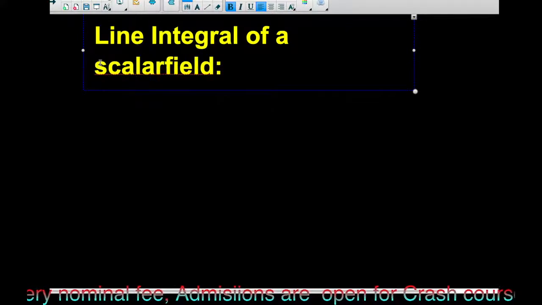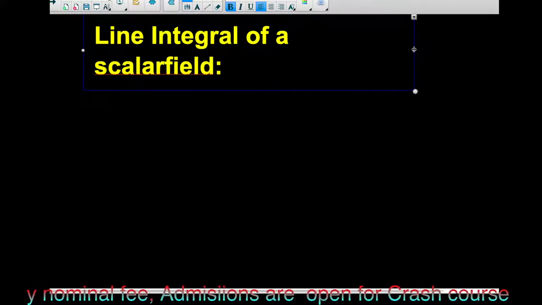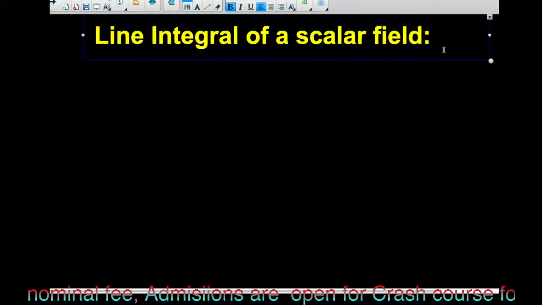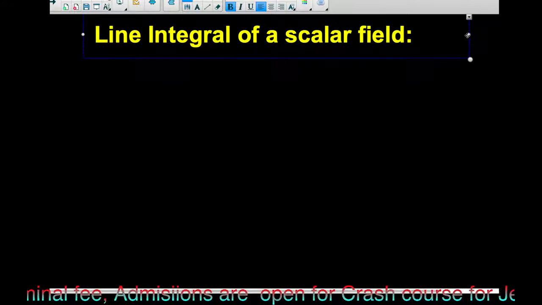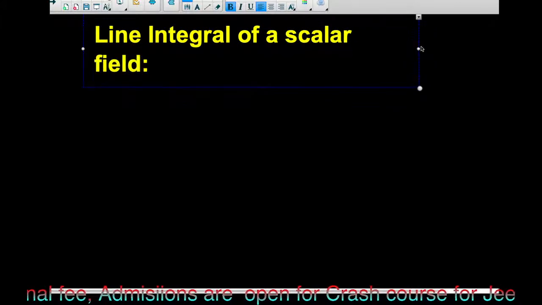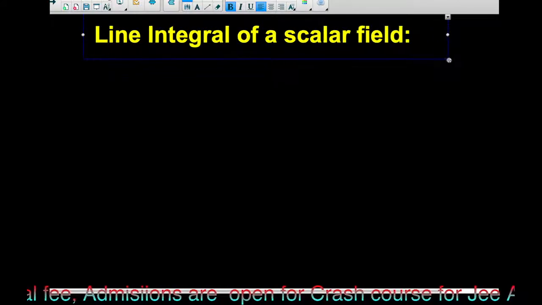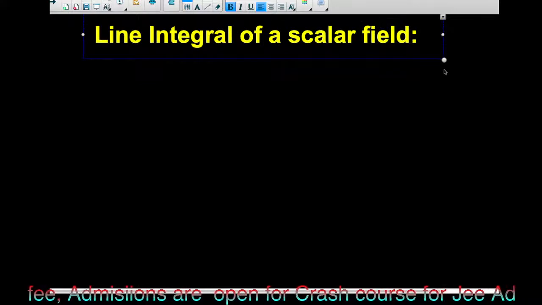So today's topic is the line integral of a scalar field.